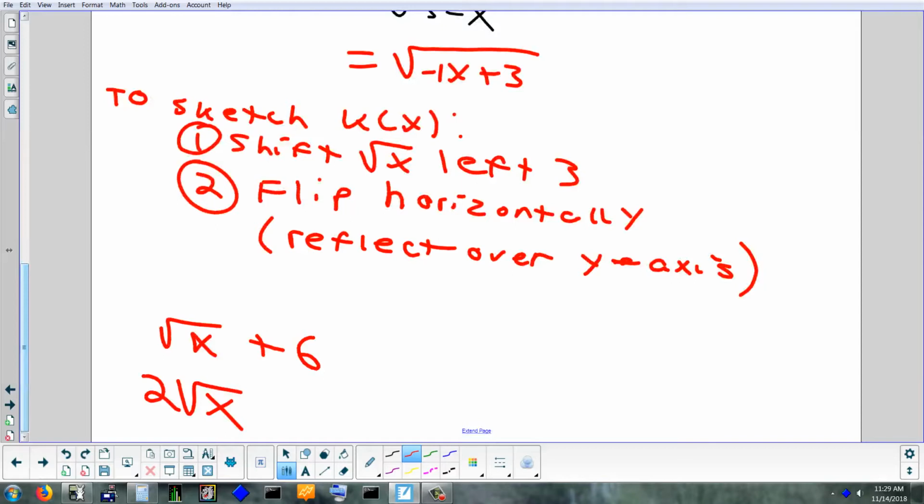What would that do to my graph? Wouldn't that be a vertical stretch? Yep, that's a vertical. It's on the outside. It's multiplication, so that means vertical stretch. And vertical does exactly what you would expect. It does stretch it 2 times as much.